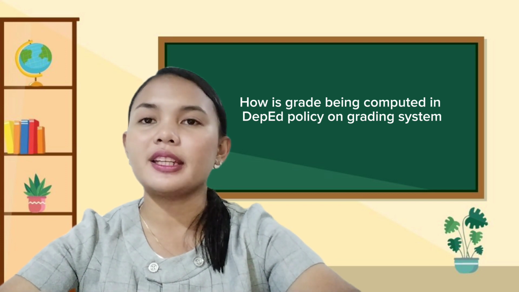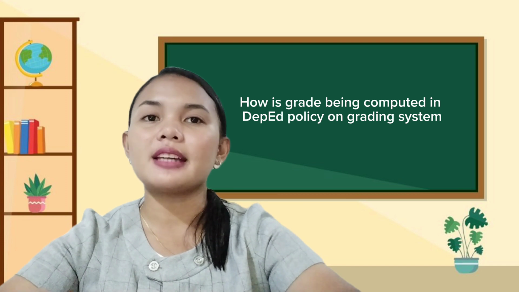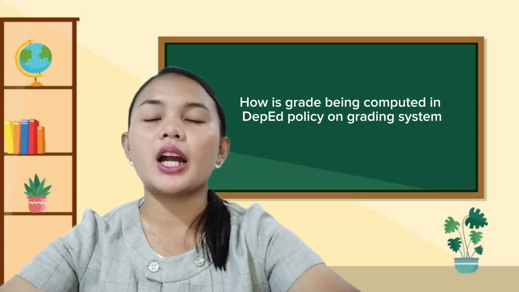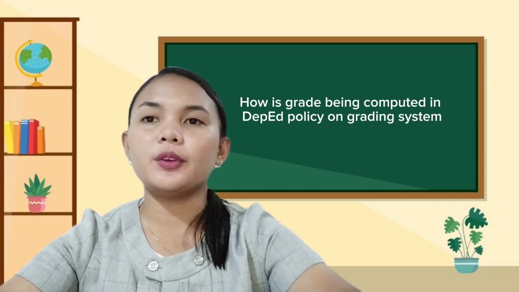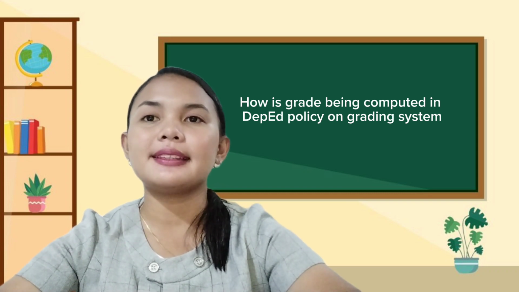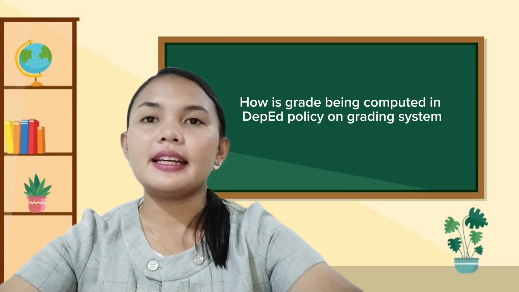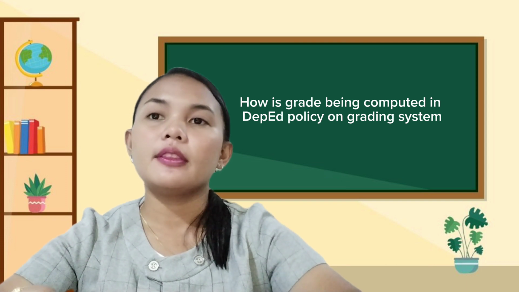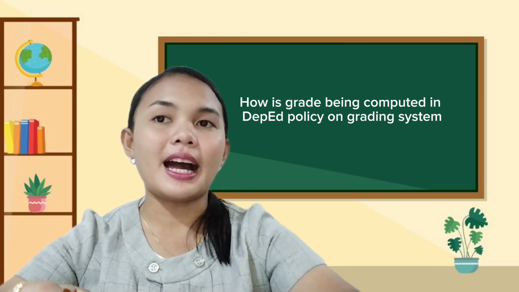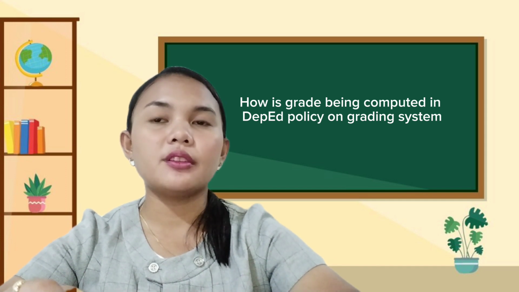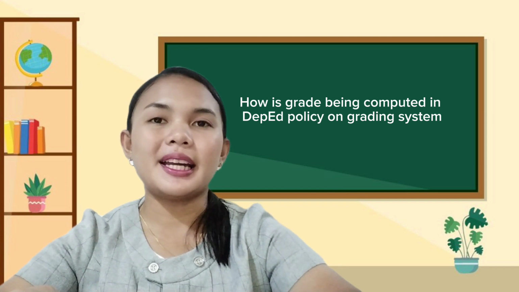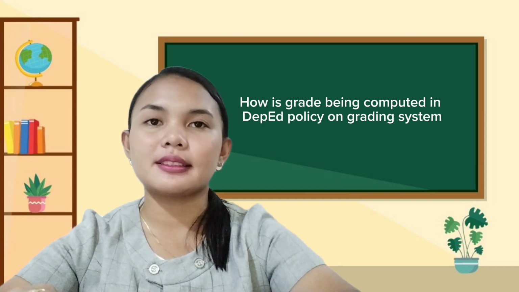So to compute the final grade, the formative assessment and the summative assessment are combined. The formula for computing the final grade is as follows: the final grade equals the formative assessment times 0.4 plus the summative assessment times 0.6.